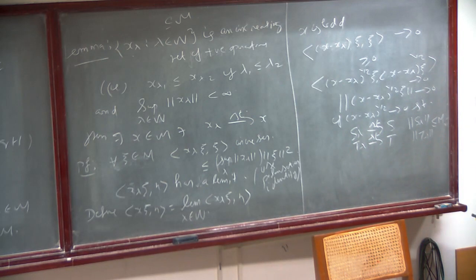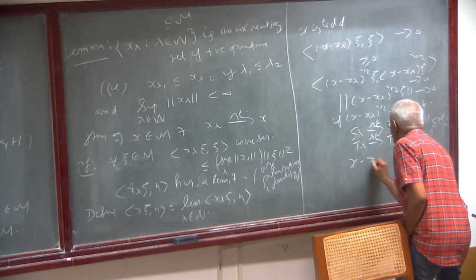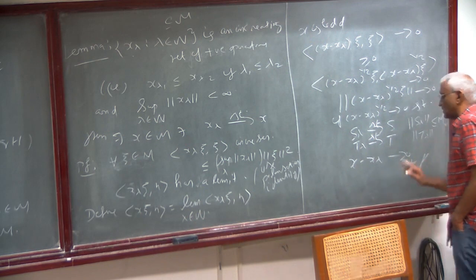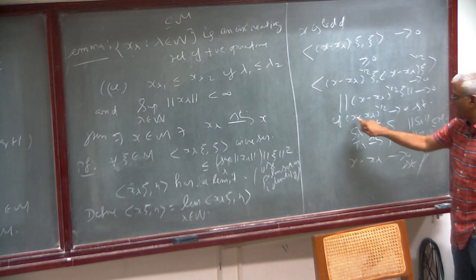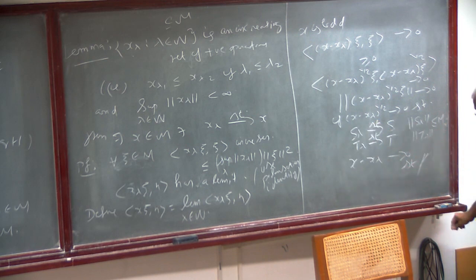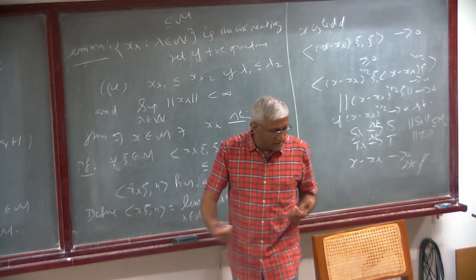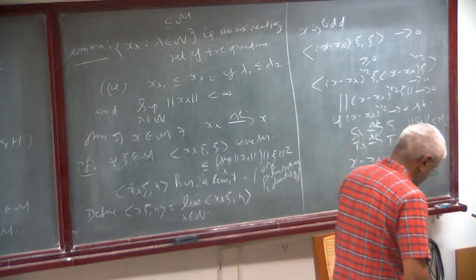An exercise. So because of that, x minus x lambda will converge just to 0 strongly. That's what we want. It's just the square, so this will converge to 0. Now using this, we can define further projections.